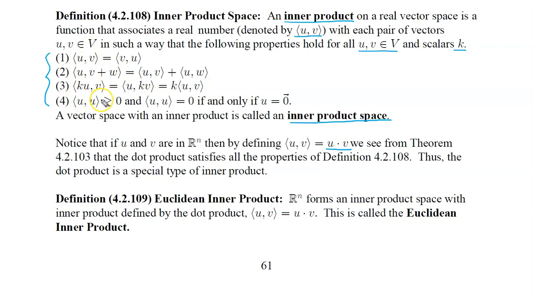So the dot product is a special type of inner product, and that's what we have defined down here. So just take note that Rn forms an inner product space with the inner product defined by the dot product, like this, and we call that the Euclidean inner product. So just take note of that definition.